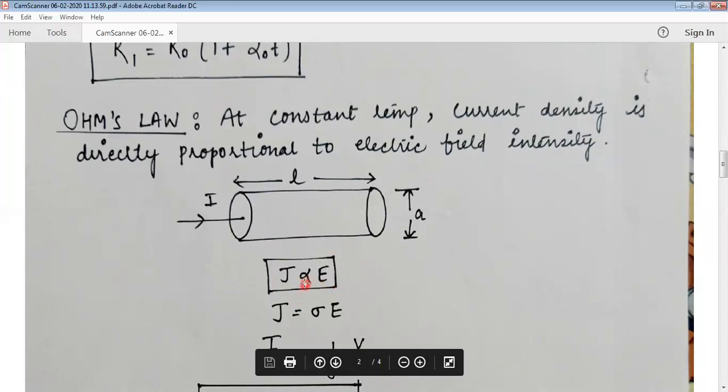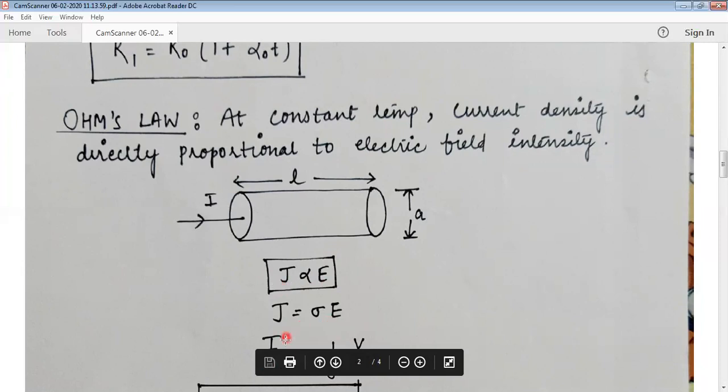Now when you remove this proportionality constant, one term will come that is called sigma. So J equal to sigma E. So sigma is the conductivity, L is length, A is area, and J is the current density. Clear?